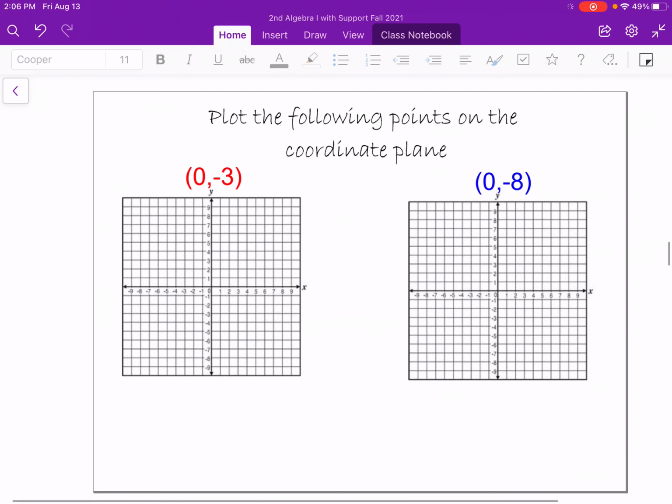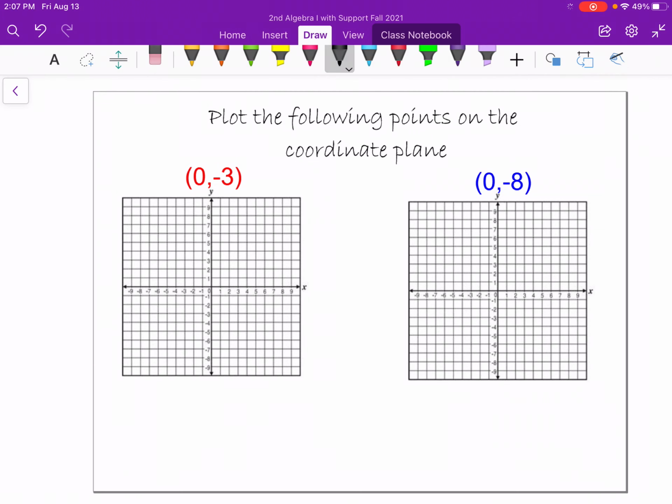Okay. 0, -3, and 0, -8. So my 0 is in another spot. So 0 is still right here along my x-axis. Then -3 on my y-axis is right here. So it's actually on my y-axis. So 0, -3 is right here.